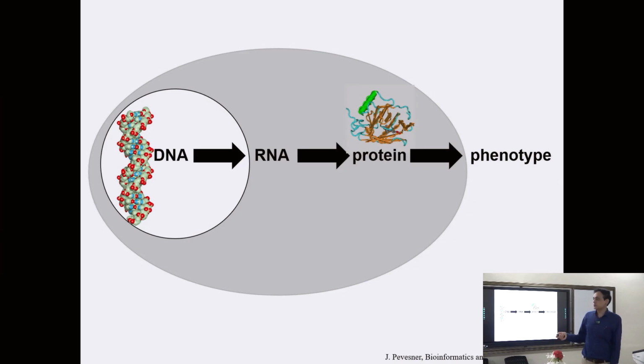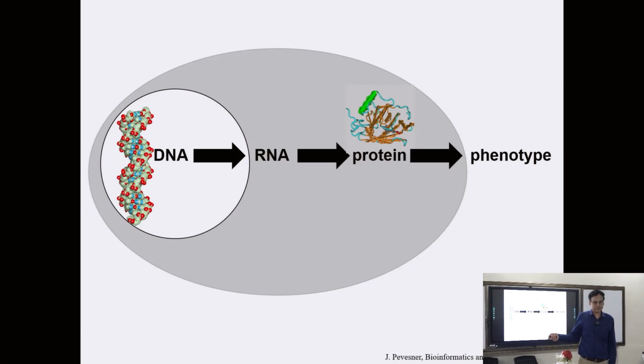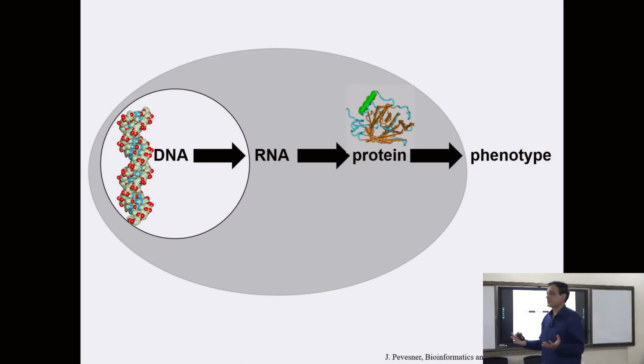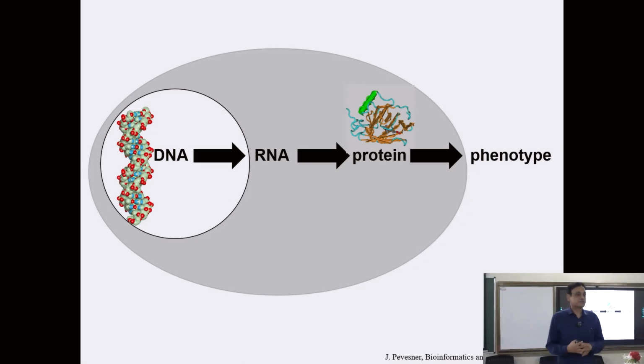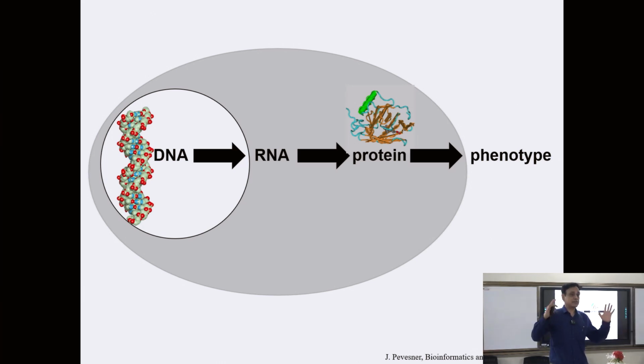DNA can be used as a template to make a copy of a single stranded molecule called RNA, the process called transcription. RNA can be used as a template to make a copy of a protein, the process that is called translation. Okay? And then protein can fold to get a complex three-dimensional structure, and that structure may determine the function of the protein.